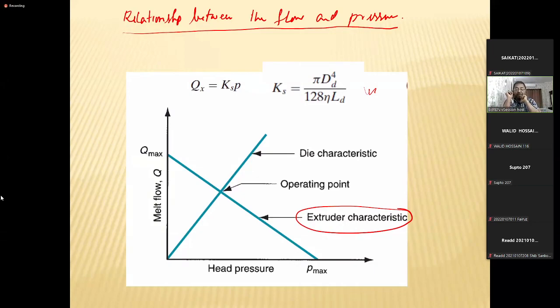Now, for that purpose, let us see our formula for the extruder.